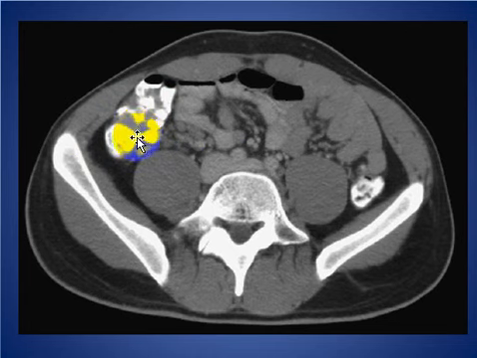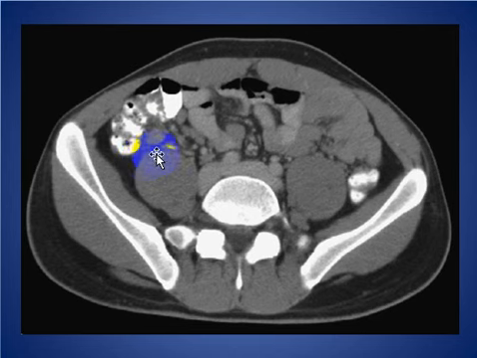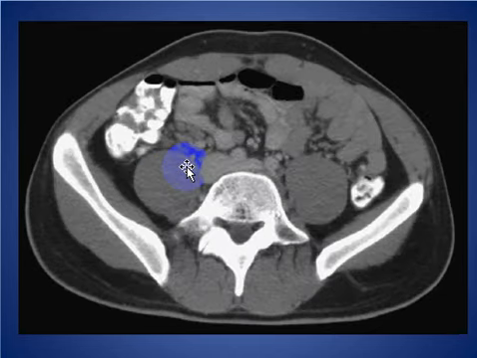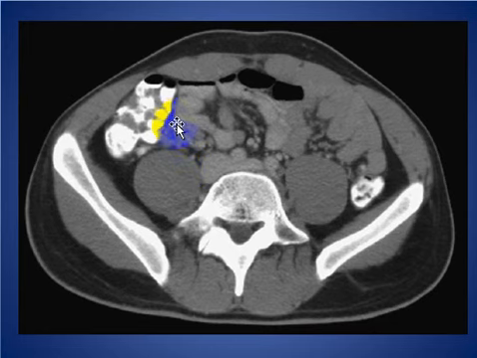This excludes diverticulitis, and also there are no inflammatory changes around the appendix, and the appendix is filled with contrast, so this excludes appendicitis. And also, another differential diagnosis is a tumor or lymphoma in the surrounding structures.